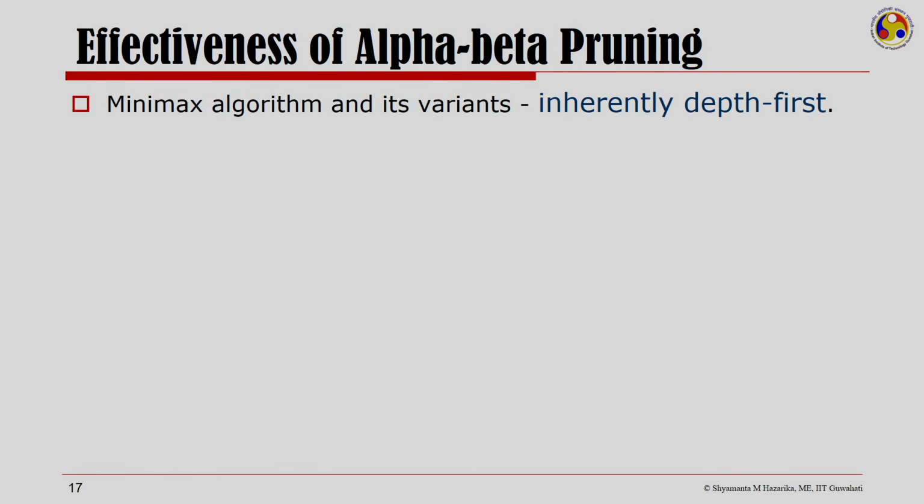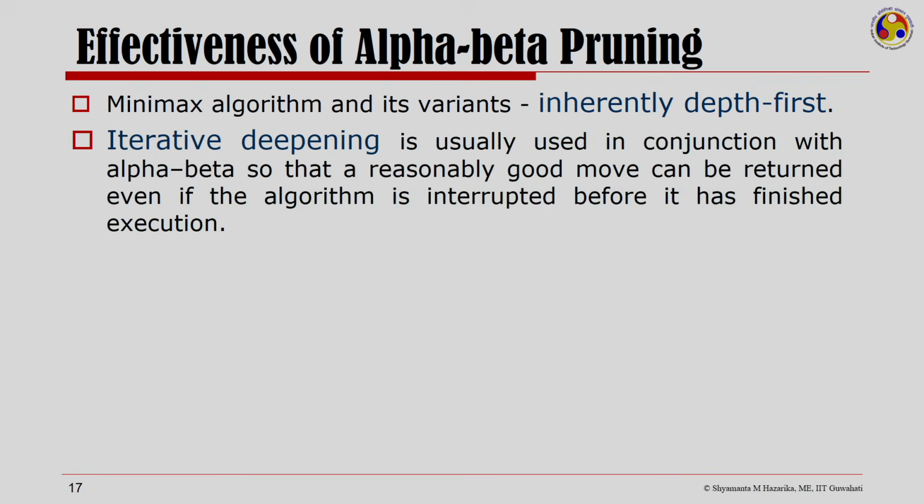Now, the minimax algorithm and its variants are inherently depth first search. So, there are improvements on minimax with alpha beta pruning by using some better strategies for depth first. Like we could have iterative deepening, which is used in conjunction with alpha beta pruning, so that a reasonably good move can be returned.